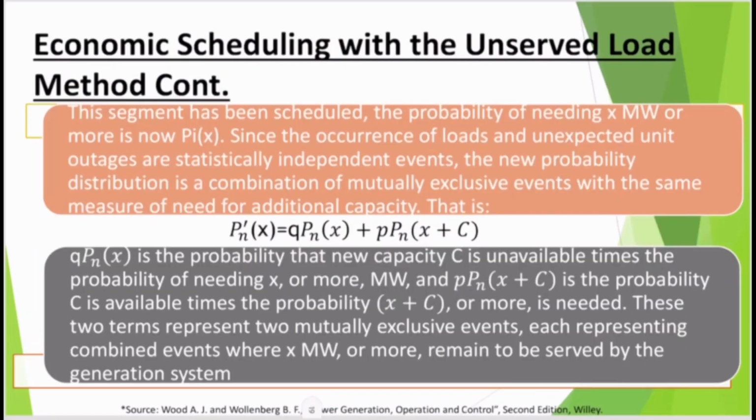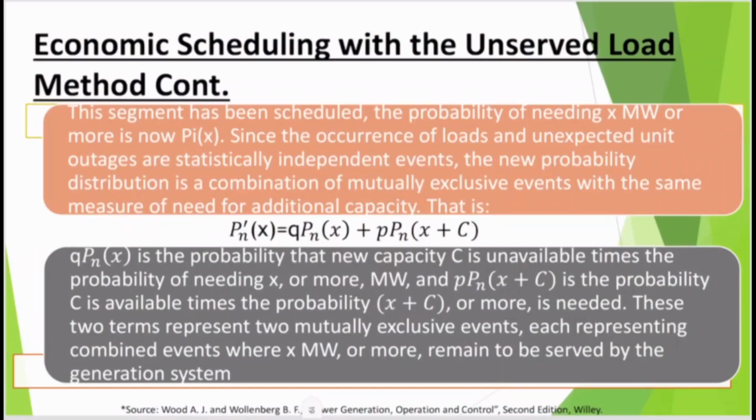This segment has been scheduled. The probability of needing X megawatt or more is now PNX. Since the occurrences of the loads and unexpected unit outages are statistically independent events, the new probability distribution is a combination of mutually exclusive events with the same measure of need for additional capacity.